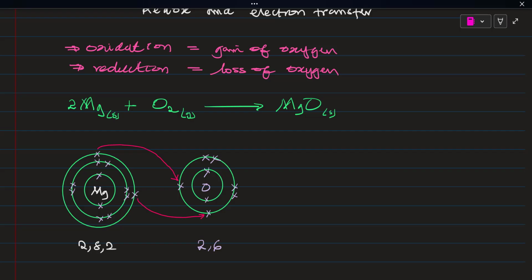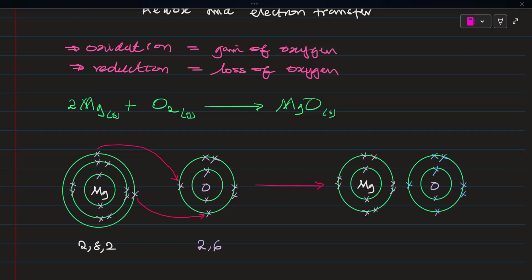So eventually we are going to have magnesium oxide like this. The 2 electrons gained by oxygen from magnesium, we put them here. Remember the last shell of magnesium contained the 2 electrons.